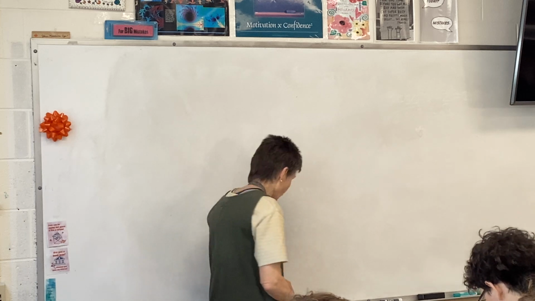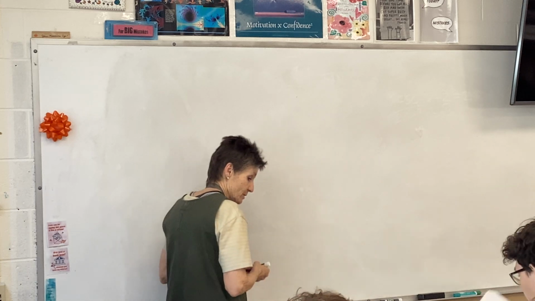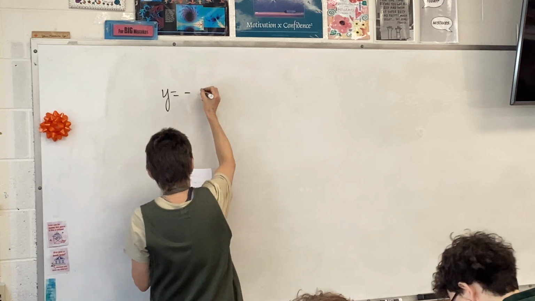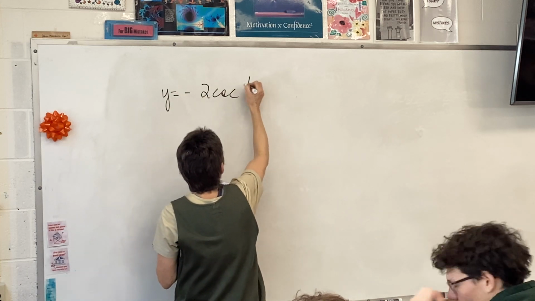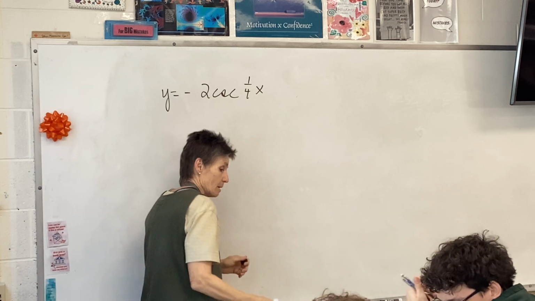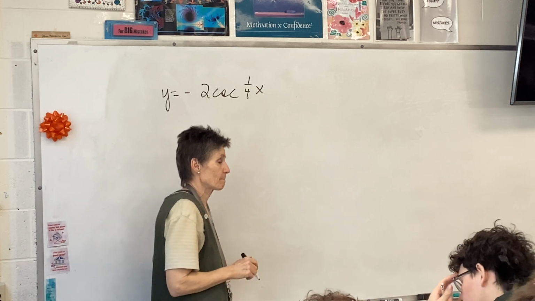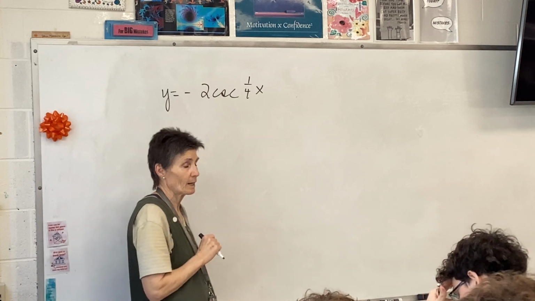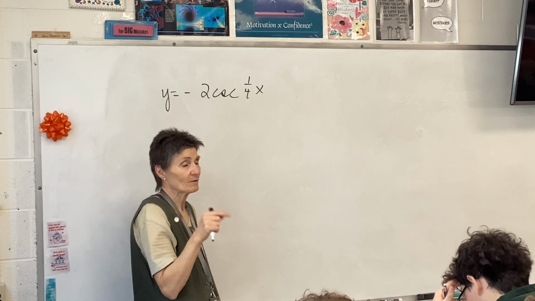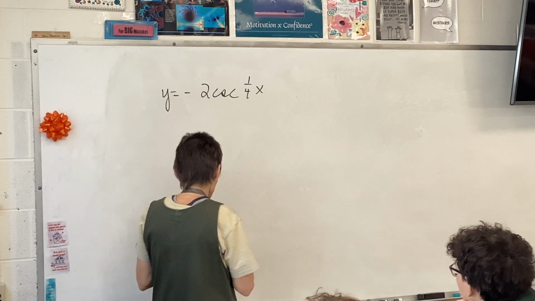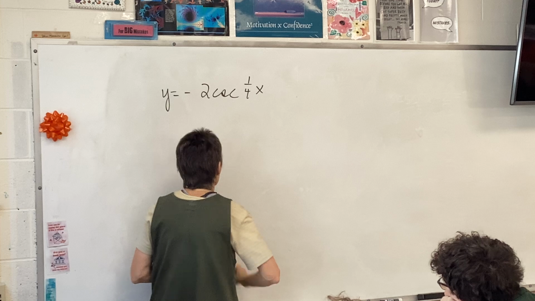So we're graphing y equals negative 2 cosecant 1/4 x. All right, so first thing I do, you don't have to do what I do, but I'm not very good with cosecants, so I'm going to think of this as a sine.